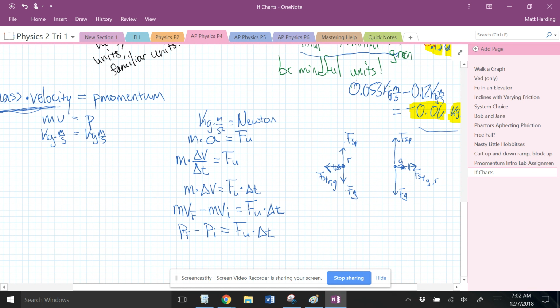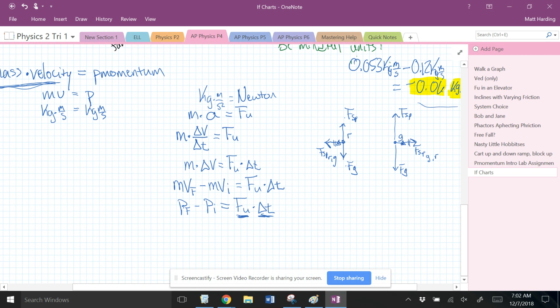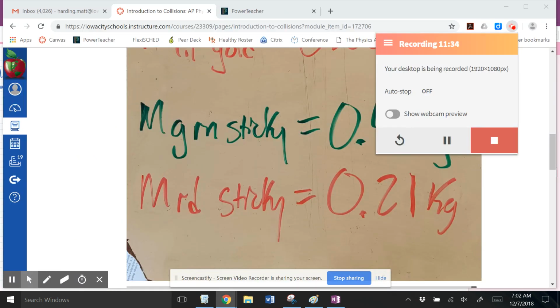But generally speaking, if it's a really nice collision where the only interaction is between the two objects and not with anything else, then the force that this one feels is going to be the same magnitude as the force that this one feels. They're going to be acting for the same amount of time, so they're going to experience equal and opposite changes in momentum. So this whole unit we're diving into is just an extension of that idea, that forces come in pairs.